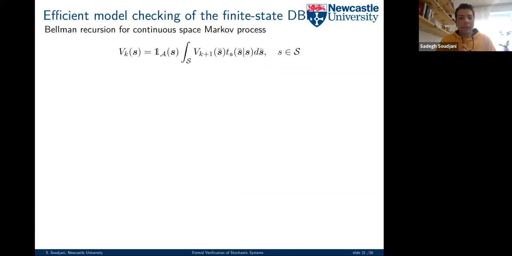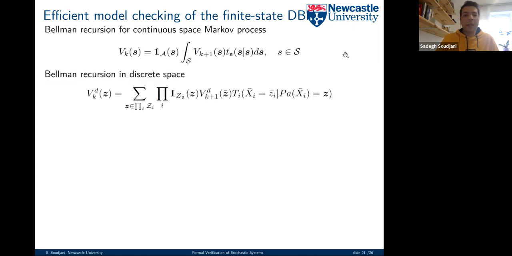Now, let's first see how the computation can be done once we have the discrete domain. You recall the Bellman recursion for the Markov process when we wanted to compute the safety. Now in the discrete domain we have a similar equation, but the integration is replaced by summation, and we replace the density function with a product of these conditional tables.